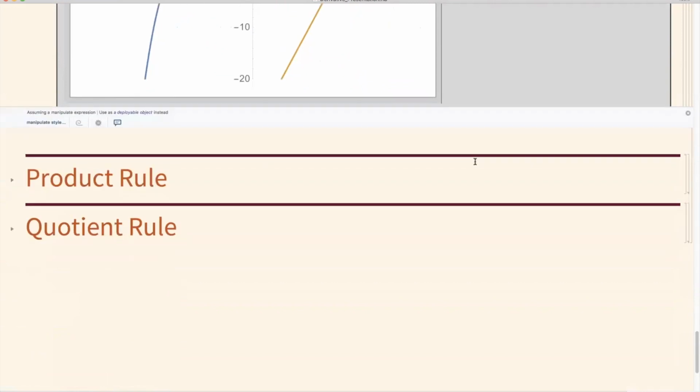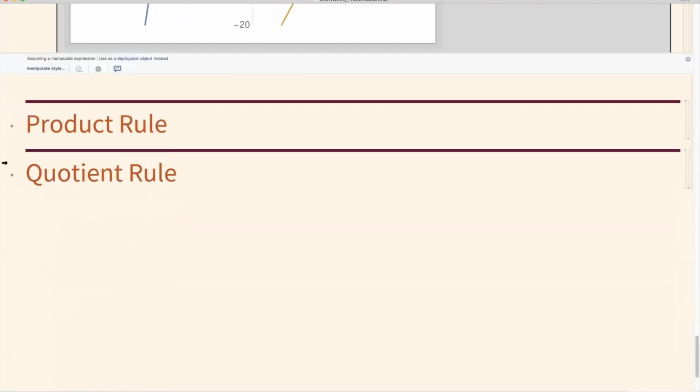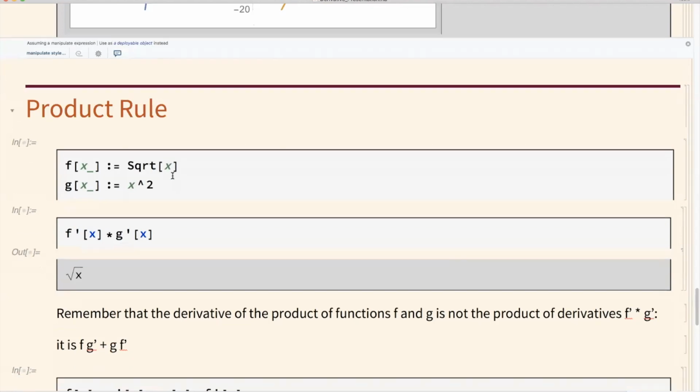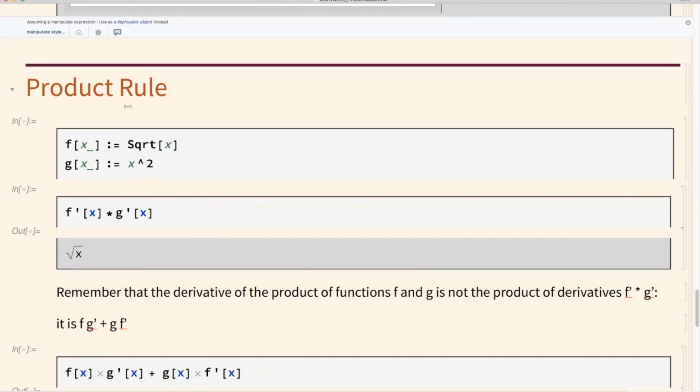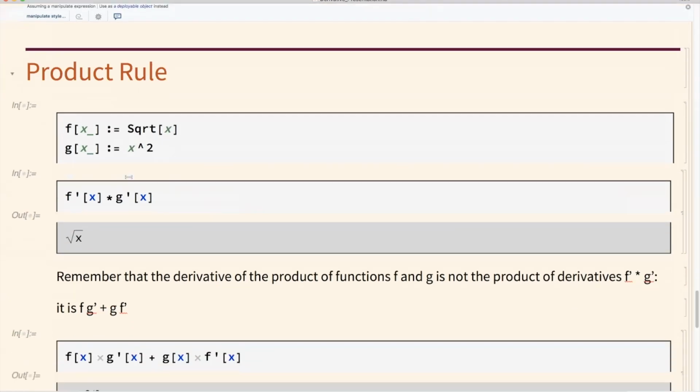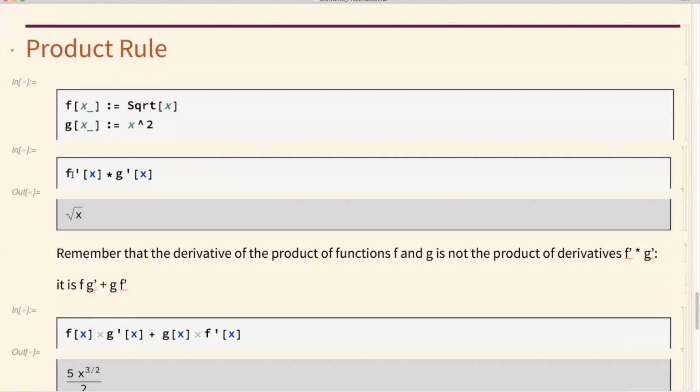Now, a couple of things where many people make a lot of mistakes are the product rule and the quotient rule. That's why I specifically wanted to touch on them a little bit. Do remember that whenever you are taking the product rule, it is not f prime of x times g of x.